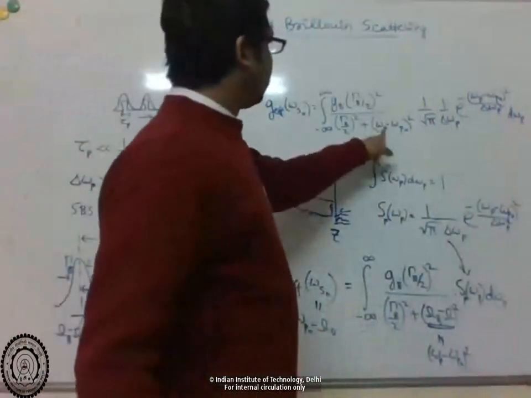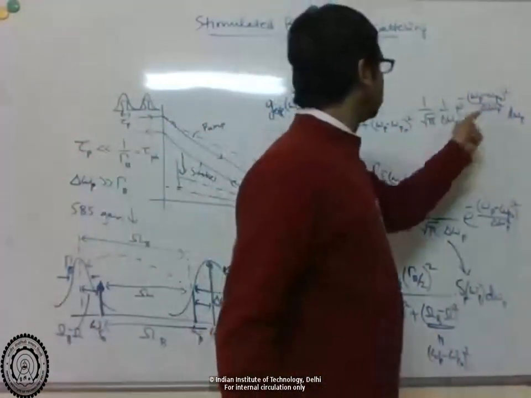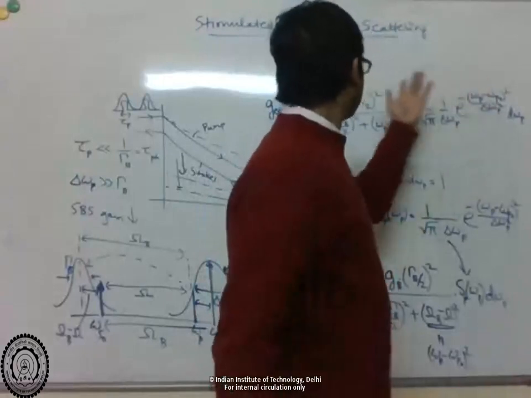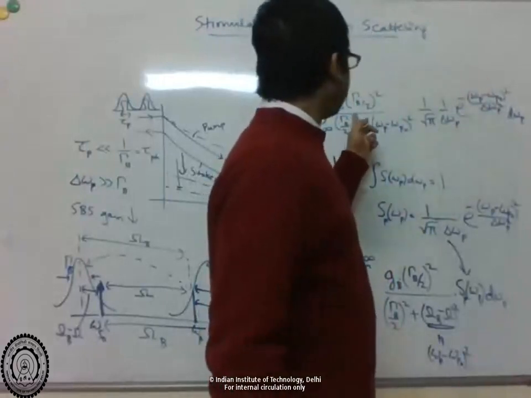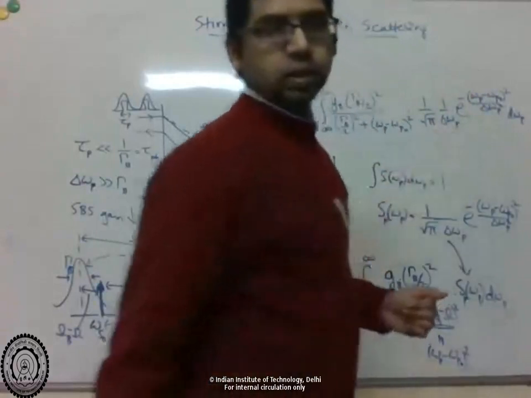So now the only variable is omega p, and so we'll get an answer in terms of this gB, gamma p, and delta omega p.